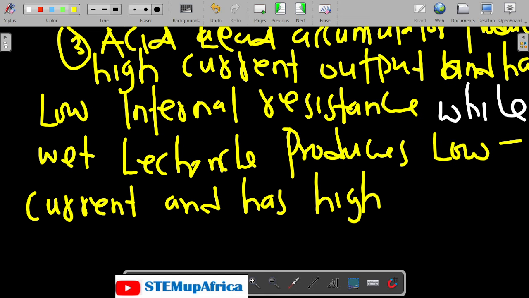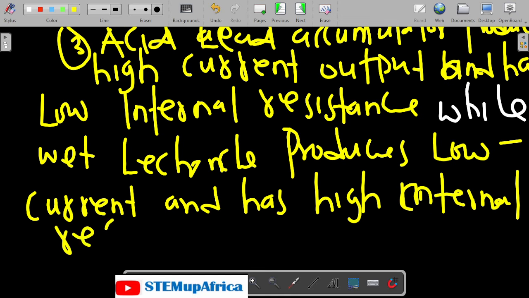You can use their current to differentiate, or use the internal resistance to differentiate. So we are indirectly stating four differences here. Has high current, has low current, and high internal resistance. So simplify this as much as you can, because I'm using AND, which is a compact statement. There are 2 things there, so that can make it 4 differences.